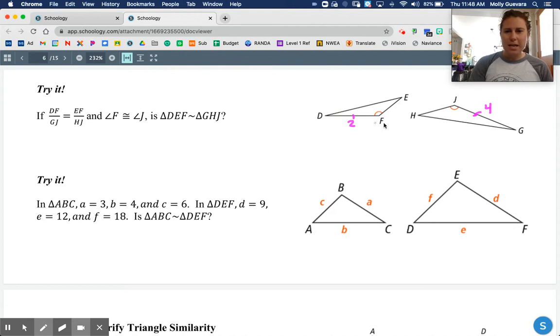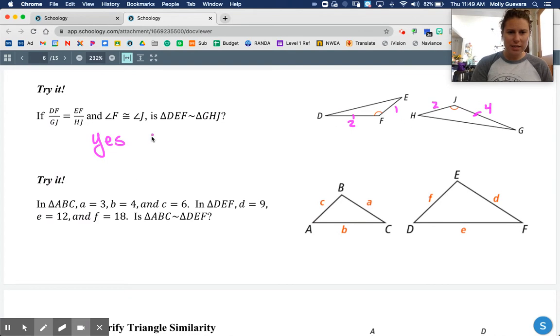And then EF and HJ are also proportional, so this could be 1 and this could be 2, for example. And then F and J are congruent. Is triangle DEF similar to triangle GHJ? Yes, so these two are similar.